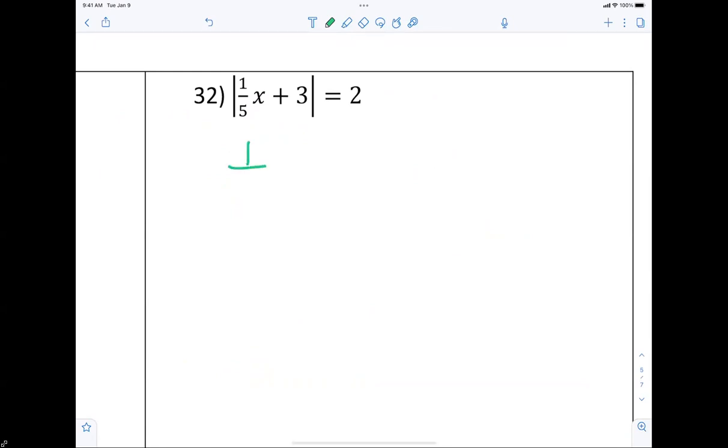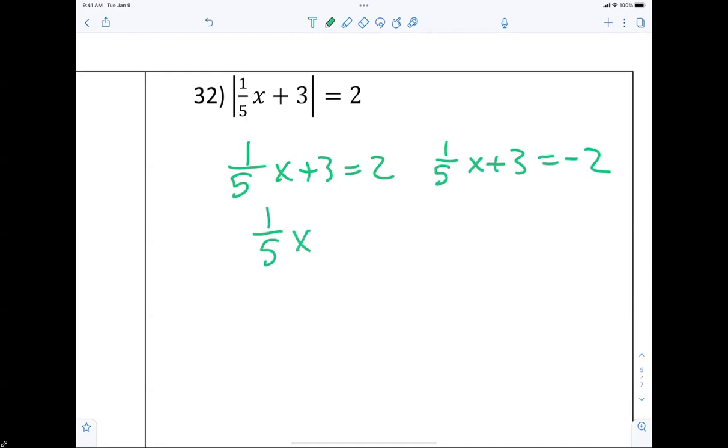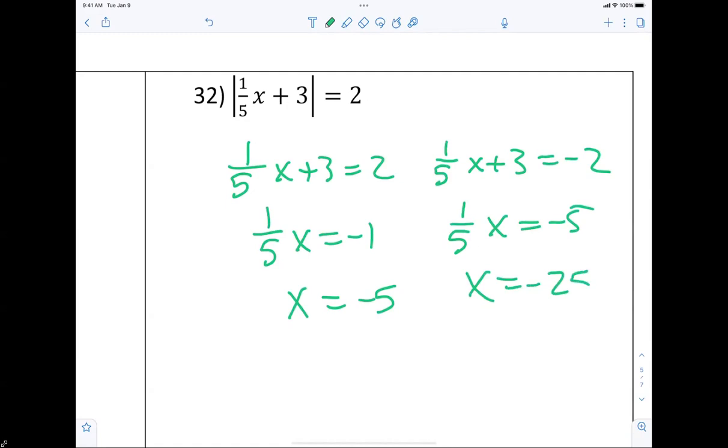So everybody's gonna write 1/5 x plus 3 equals 2. 1/5 x plus 3 equals -2. 1/5 x equals -1, x equals -5. 1/5 x equals -5, x equals -25.